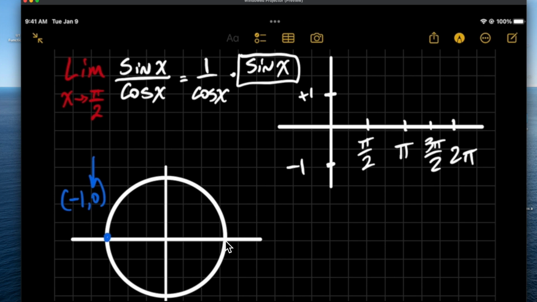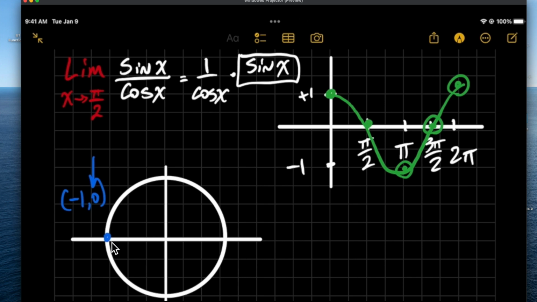We're going to start at 1. At pi over 2, the cosine value is 0. At pi, the cosine value is -1. 3 pi over 2 comes back to 0, and you have a graph like so.